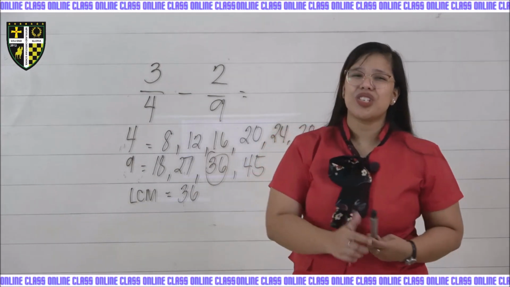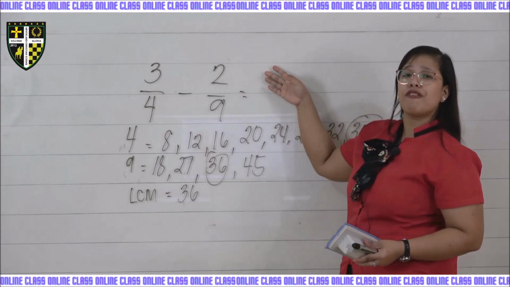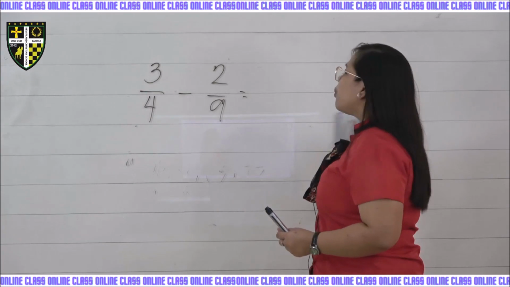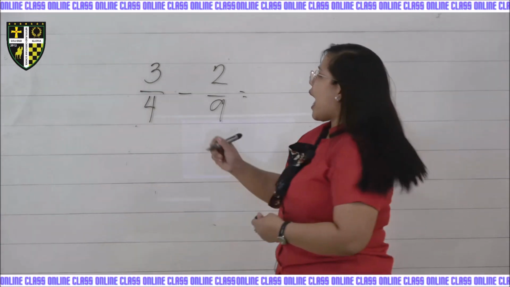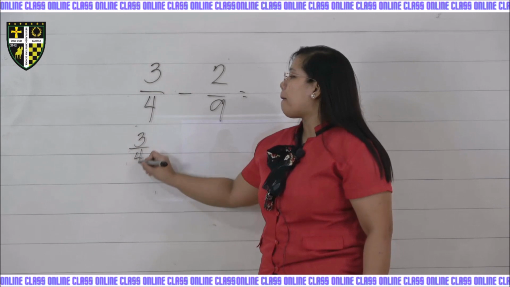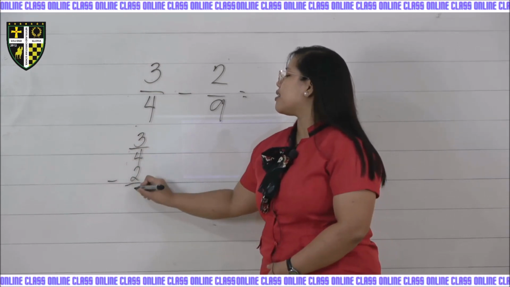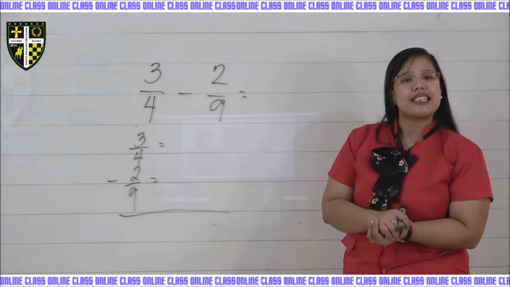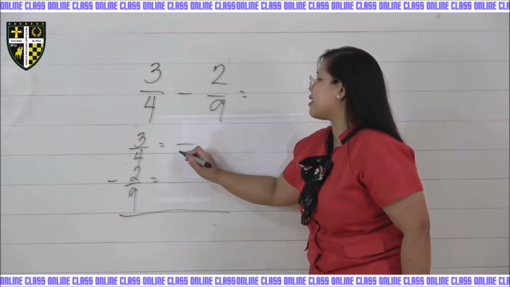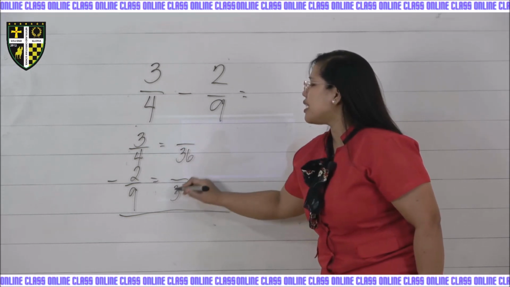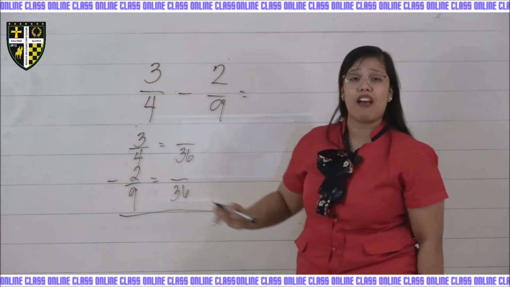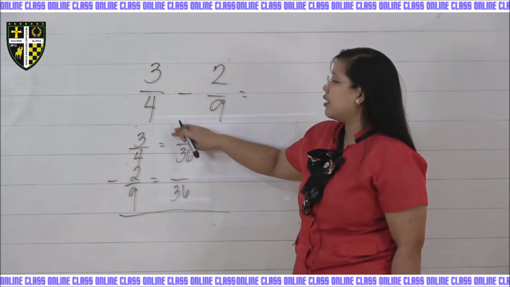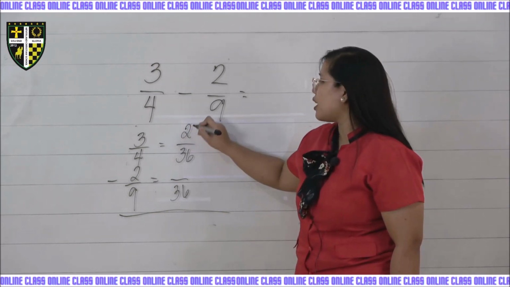Now, we will change this dissimilar fraction into similar fraction. So again, we will rewrite them. So we have 3/4 minus 2/9 is equivalent to how many? Okay, so again, their LCM is 36. So 36 divided by 4, we have 9. And then, we will multiply 9 by 3, which is 27.